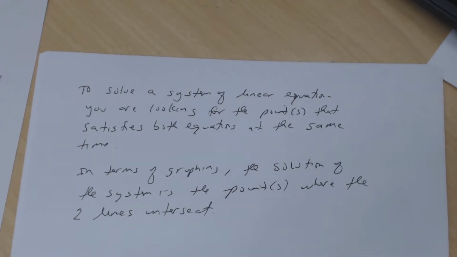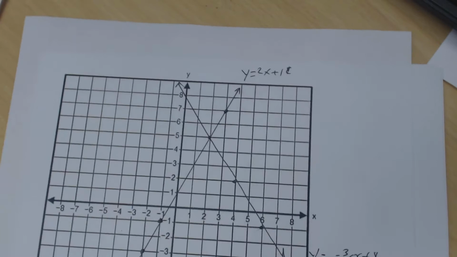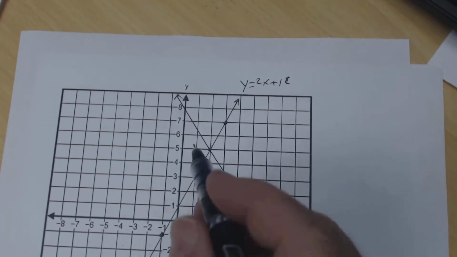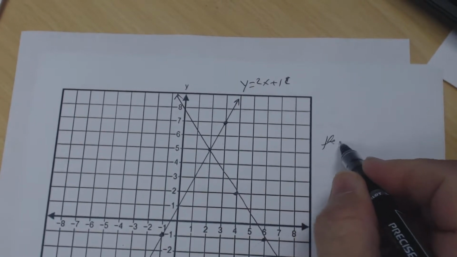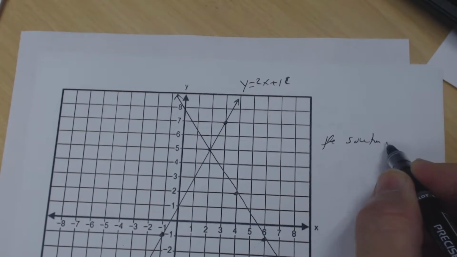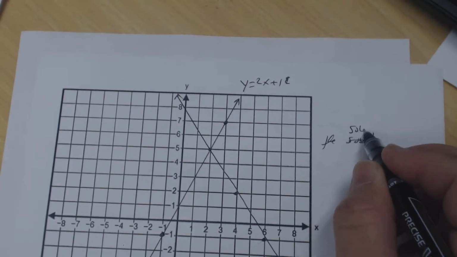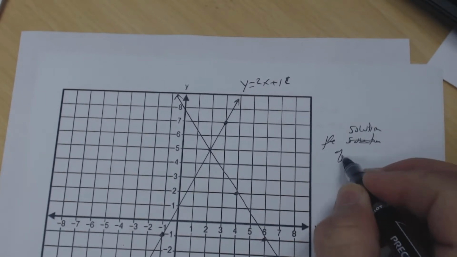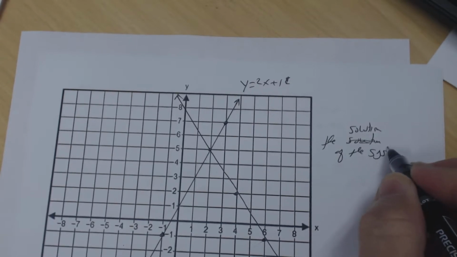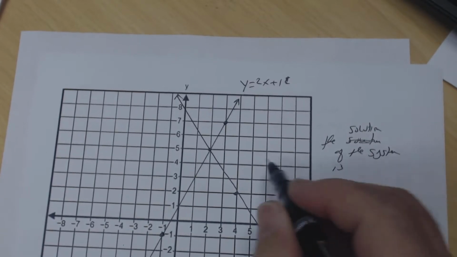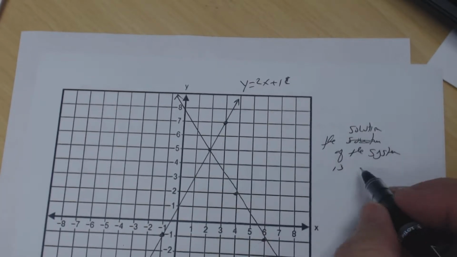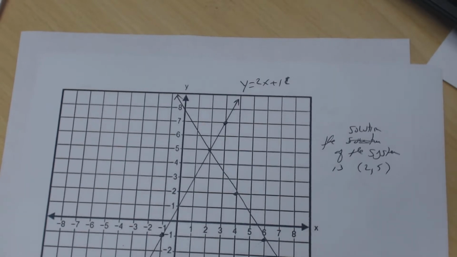Right, so in terms of graphing, the solution of the system is the point or points where the two lines intersect. So if you look at this right here, the solution of the system is, what's that, 2, 5? The solution to the system is 2, 5.